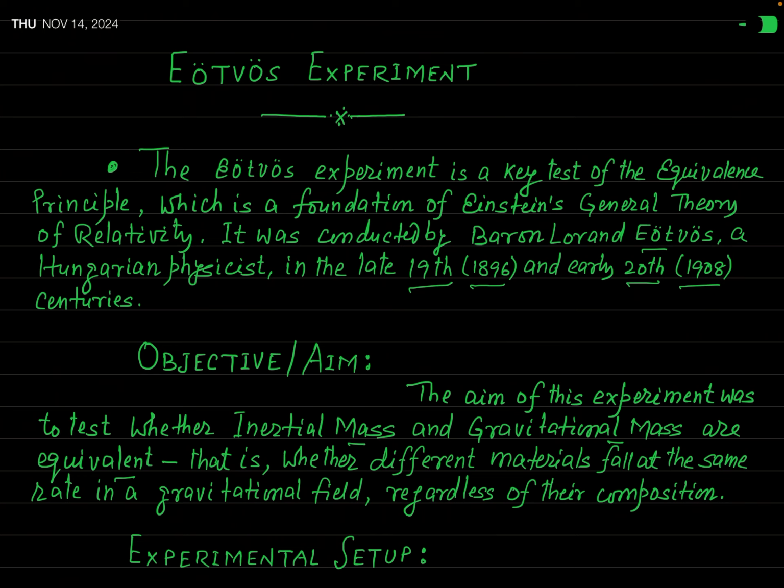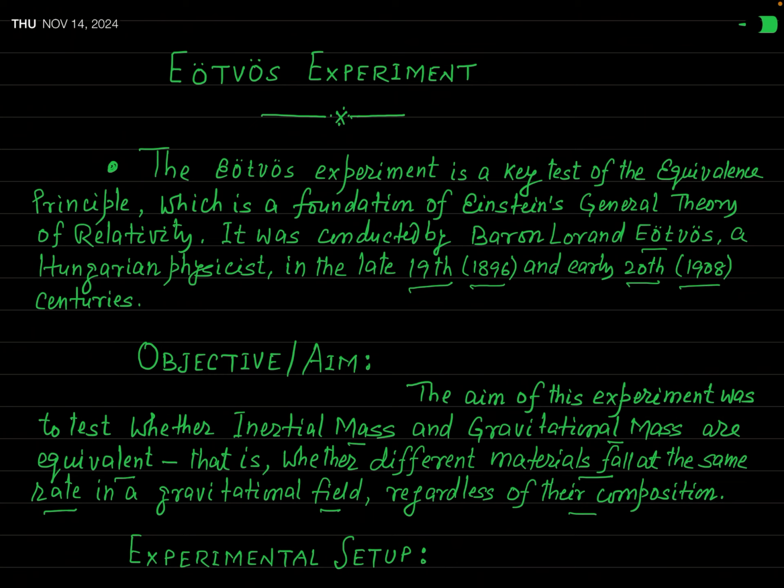When you say that, it means you are asking whether different materials fall at the same rate in a gravitational field regardless of their composition. Okay. So this is the aim of this particular experiment.